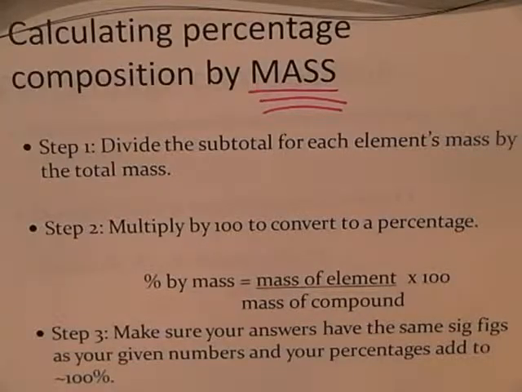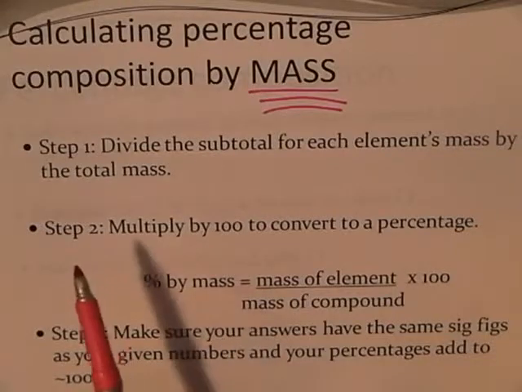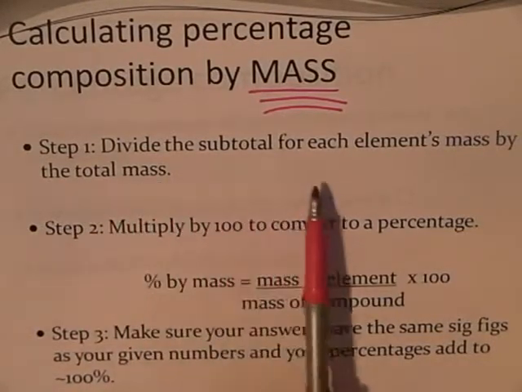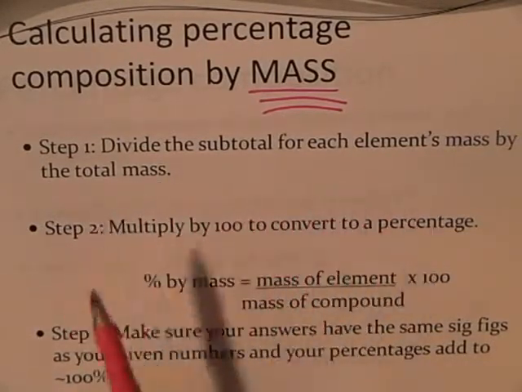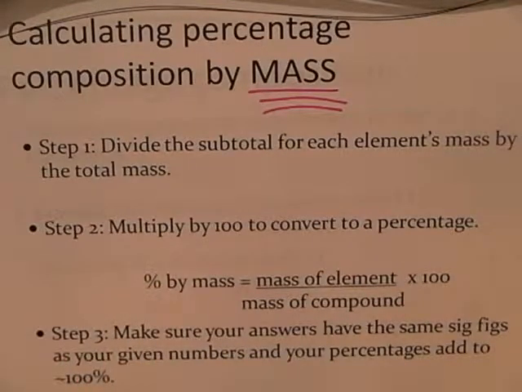All right, so as it says, and again, reading through these is not going to mean much without an example, but we'll look at them real quick. Step 1, you're going to divide the subtotal for each by the total mass. So it's kind of like calculating your grade. If you get 8 out of 10 correct, you do 8 divided by 10 times 100 to get 80, right? That's exactly what we're doing.